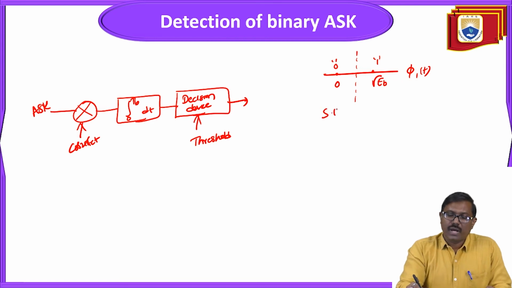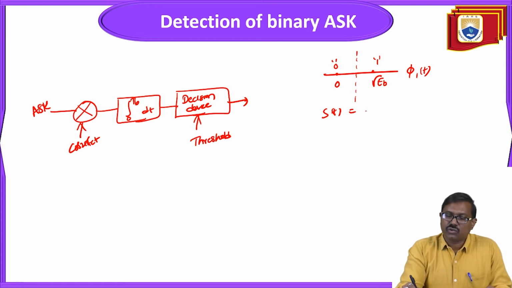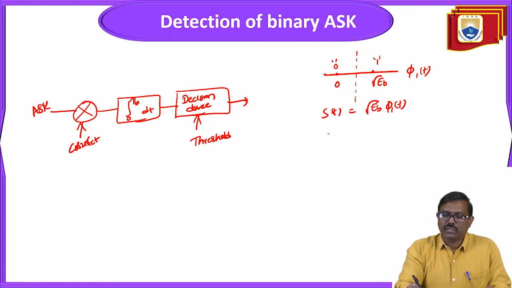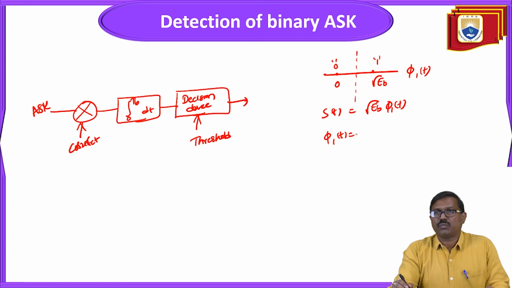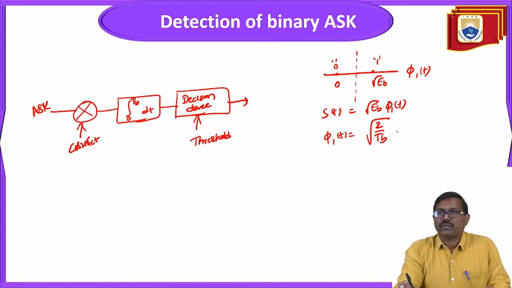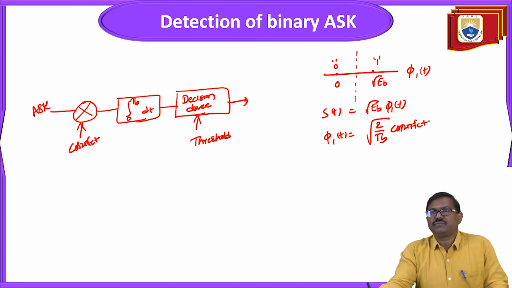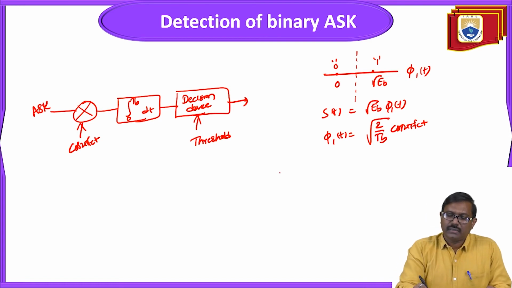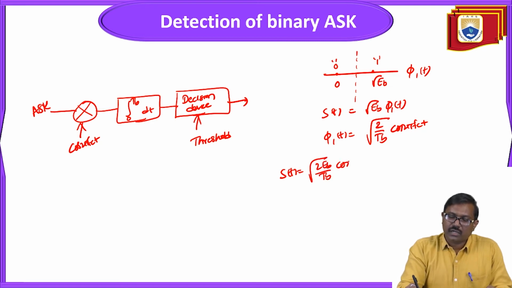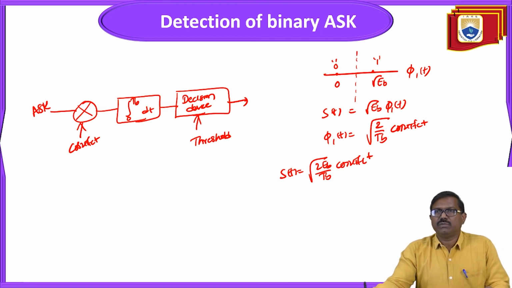So my modulated signal s of t can be represented as root Eb phi 1 of t, where phi 1 of t is the orthonormal basis function, square root of 2 by Tb cos 2 pi fct. Finally, s of t is equal to square root of 2 Eb by Tb cos 2 pi fct for symbol 1. For symbol 0, it is simply 0.